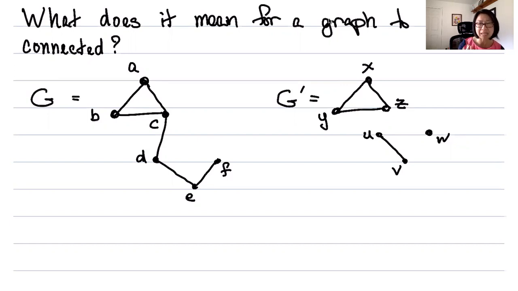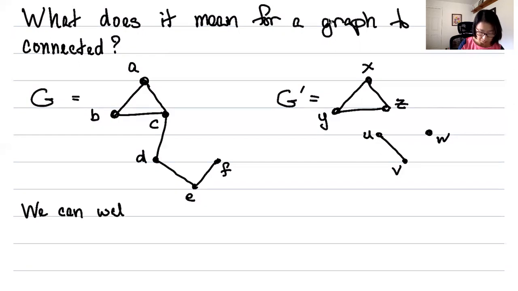What we're thinking about is that if I take the graph G and look at any pair of vertices, I can walk from one vertex to another along edges and get anywhere I want. For example, the vertices A and B are connected to each other by an edge, but I can also get from A to F by walking along edges.